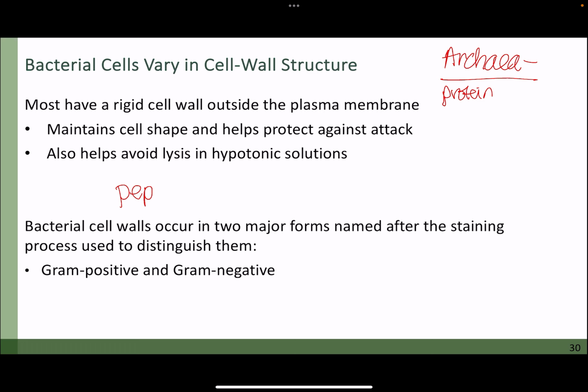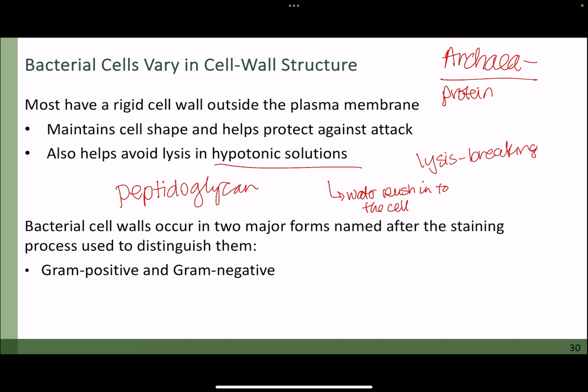And a cell might do this when it is in a hypotonic situation. I'm not super worried if you don't remember what this means, but in a hypotonic solution, basically what's going to happen is water is going to rush into the cell. This depends on the concentration of the cell.